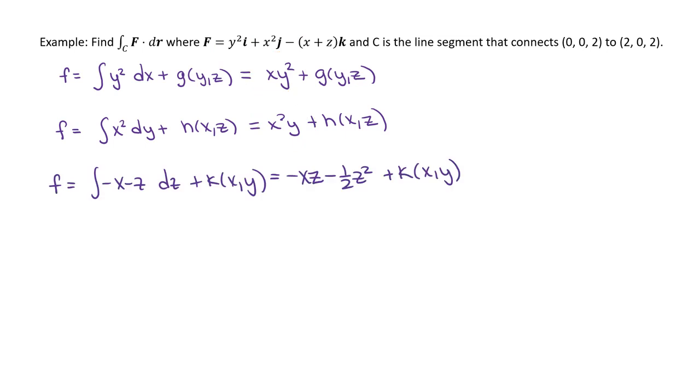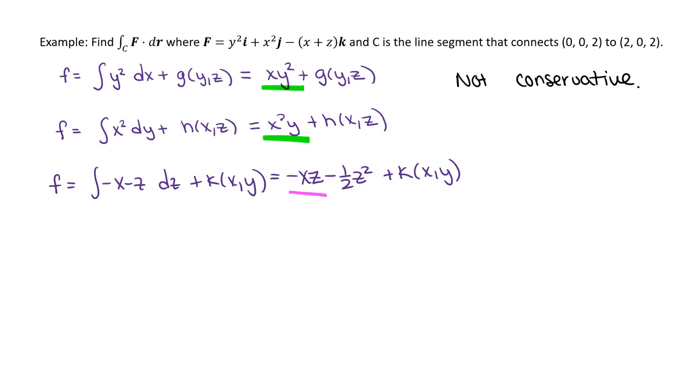And then for completeness, you could do the third one as well and get something different. I guess this z here should have occurred in this first antiderivative because it has an x in it. So that's another problem as well. So this is not conservative.